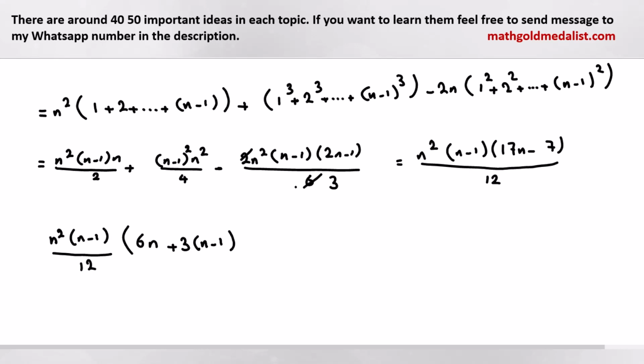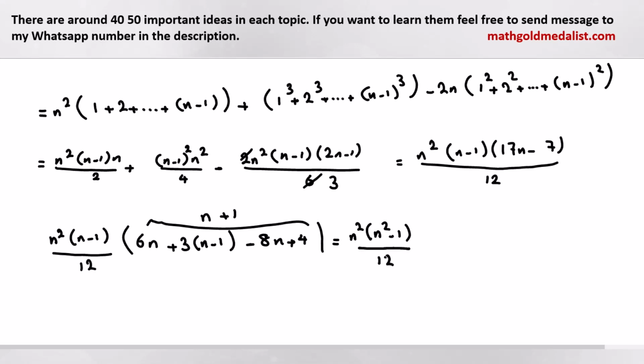So we should multiply this by 4. Minus 4 times this, which is minus 8 and plus 4, right? Oh, wait, there is a minus. Minus 3 plus 4 is 1. So it's n squared times (n squared minus 1) over 12, right?